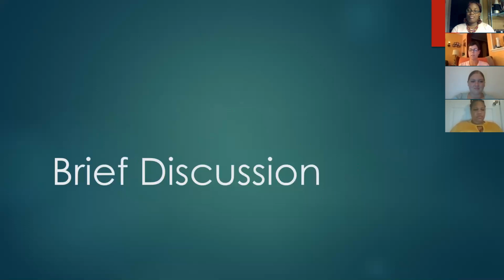Mm-hmm. And did we touch on the identified problem in our brief discussion? I don't know that we necessarily had amongst ourselves a problem. Well, amongst ourselves, we didn't have a problem. In our skits, it was basically the mom's work schedule. Yeah.